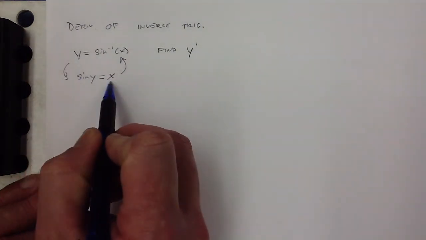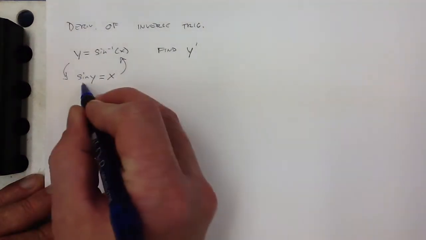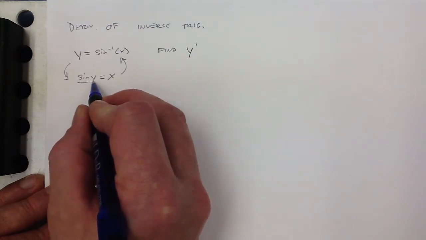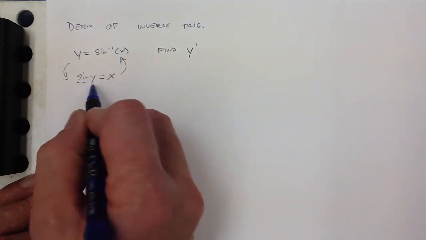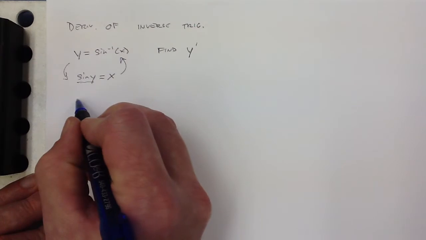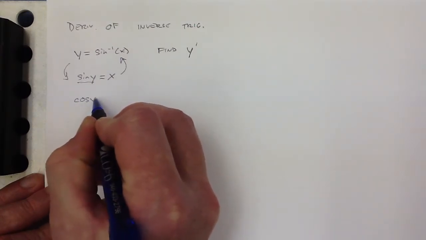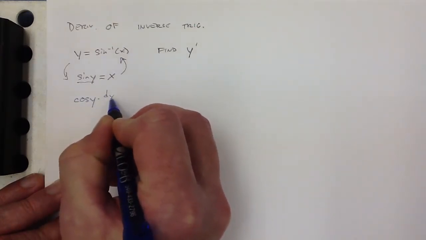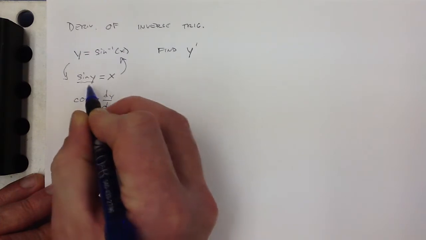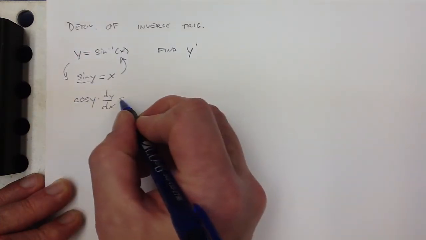And we could take the derivative of this, right? We could say, well, what's the derivative of sine y? Using implicit differentiation, the derivative of sine y is cosine y dy dx, because we took the derivative of y, equals 1.